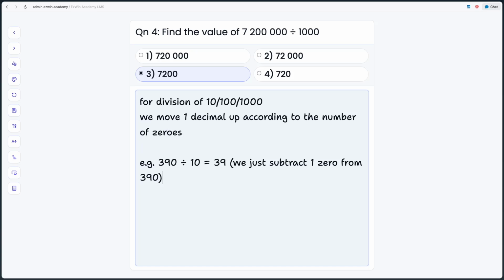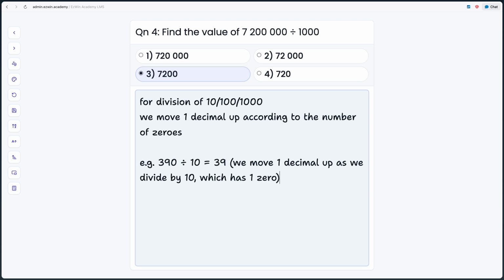For example, 390 divided by 10, we move one decimal up as we divide by 10, which has 1 zero.